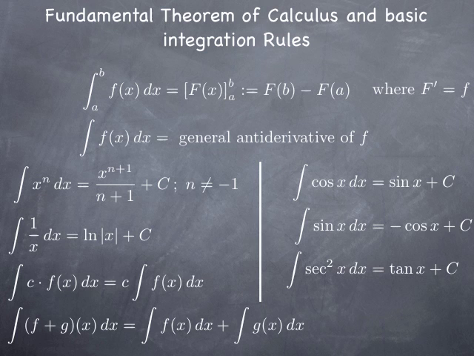Other standard formulas that you have seen are antiderivatives for cosine, sine, and secant squared. This is just turning around the formulas for differentiating sine, cosine, and tangent.